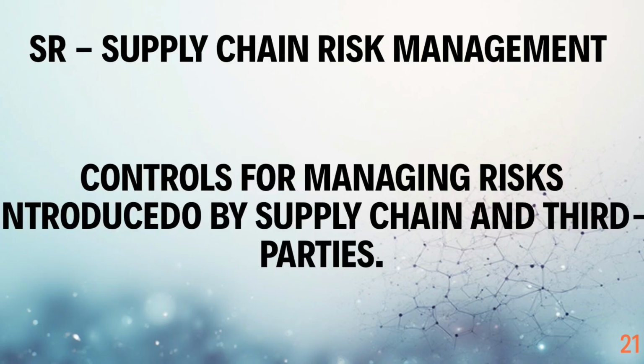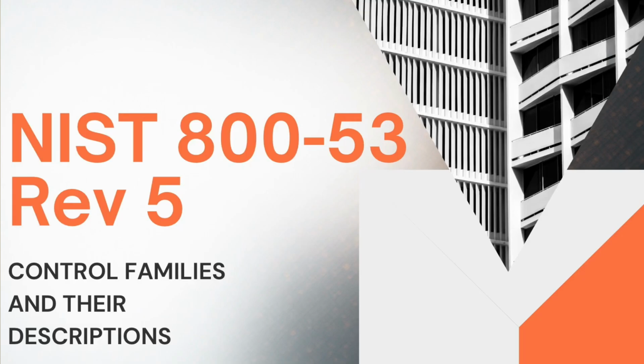When the vendors have been acquired and have come into our environment, we also have to continue assessing them, monitoring them, and making sure that they are not contaminating our environment. So these are the current control families for NIST 800-53 Rev 5.